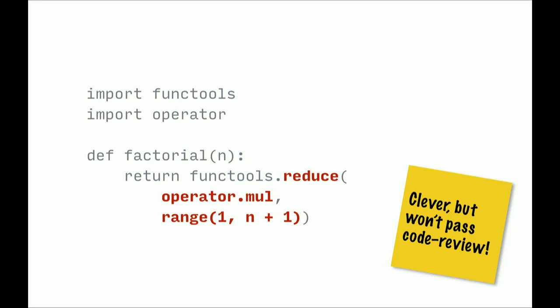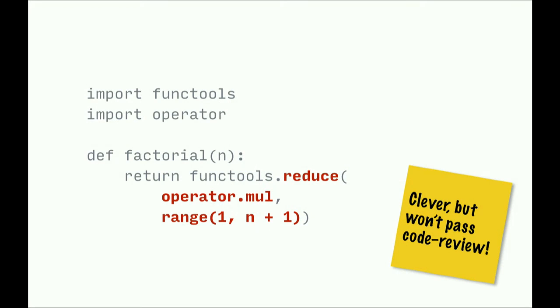And the last of our factorial examples is with reduce. So what we're going to do with reduce is create the numbers 1 to 4, and then use the reduce function and the multiply operator to collapse our list of 1 to n into a single value.